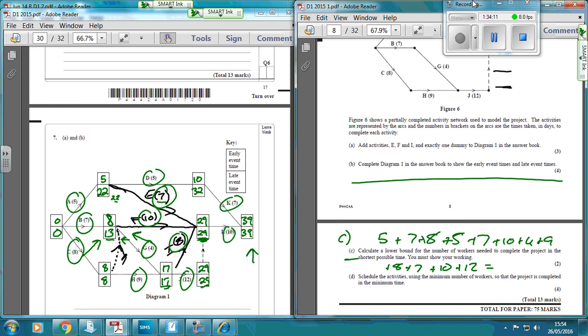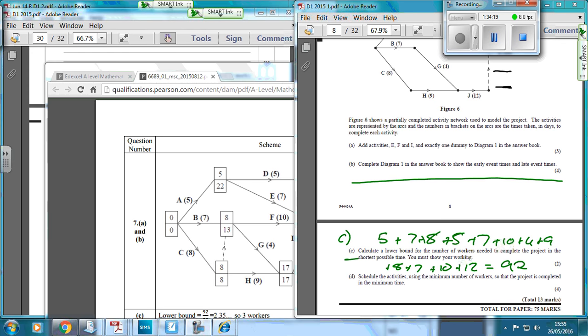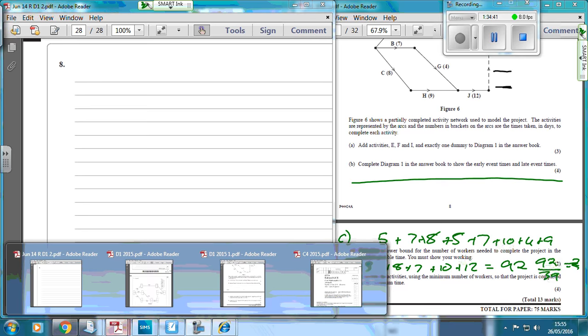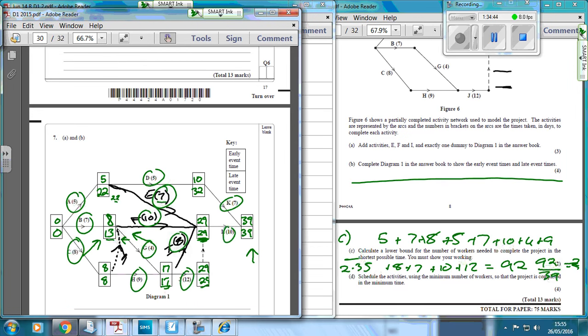Add those together, we get 92. So we do 92 divided by the project time, which was 39. We get 2.35 for C. So we need 2.35 workers.